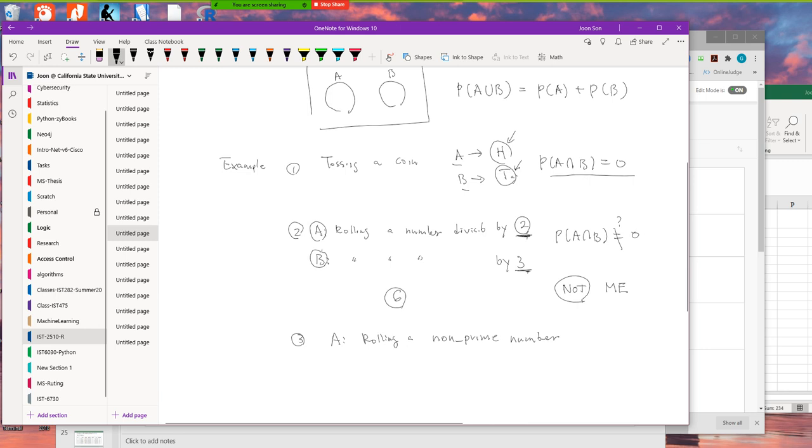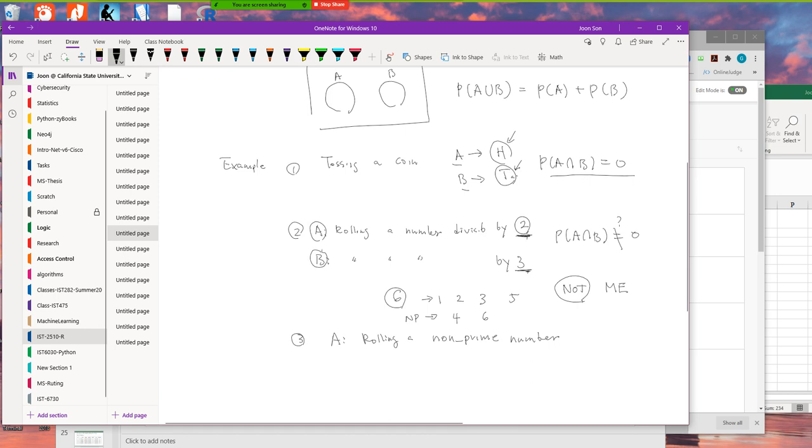By the way, what is a prime number? 1, 2, 3, and then 5. I think those are the prime numbers, right? So the non-prime numbers, I'll call it NP, are 4 and 6.